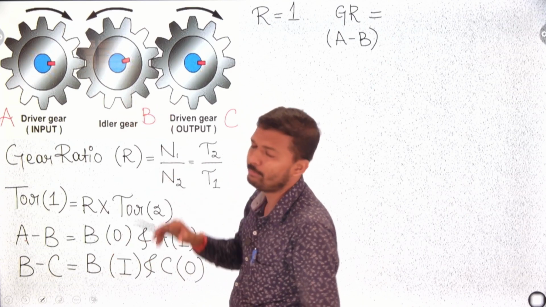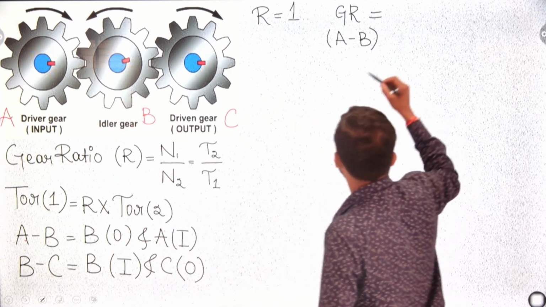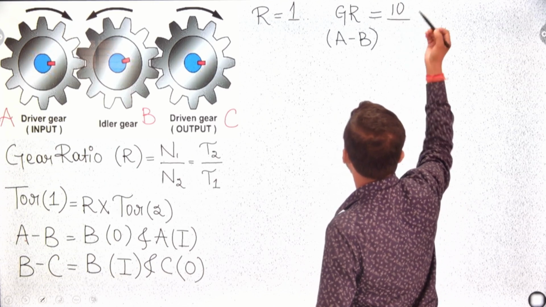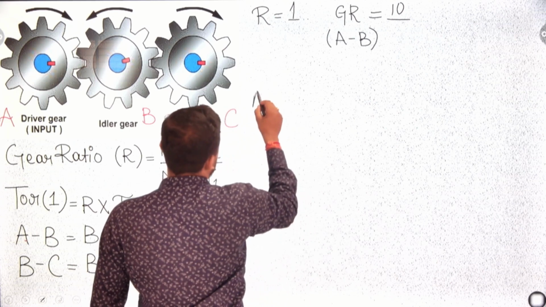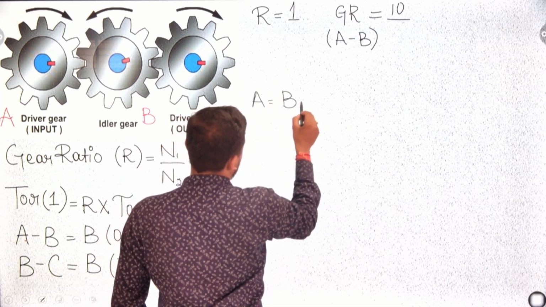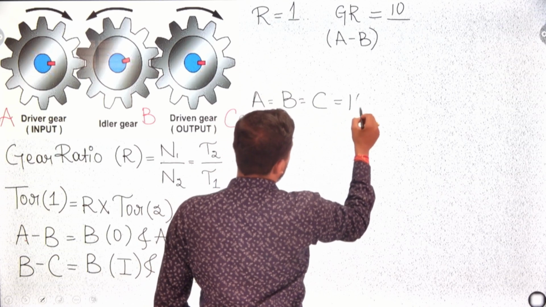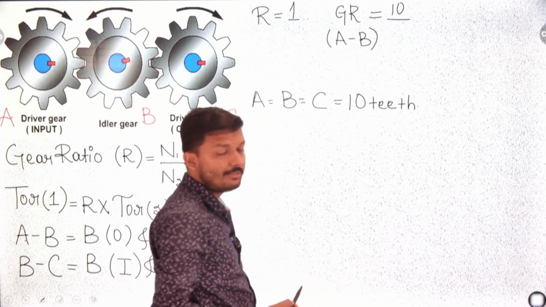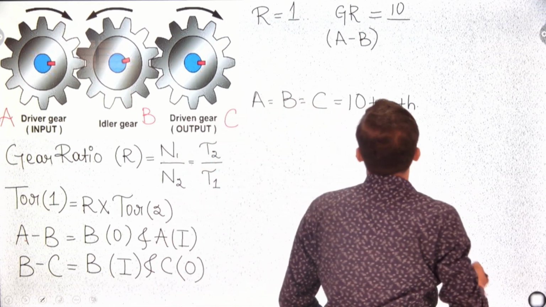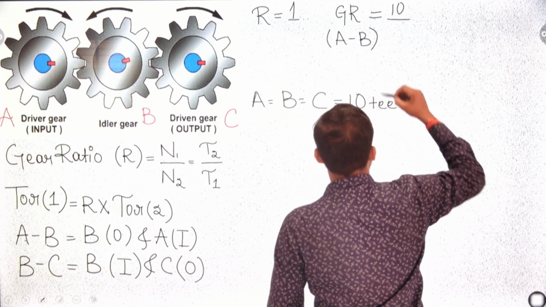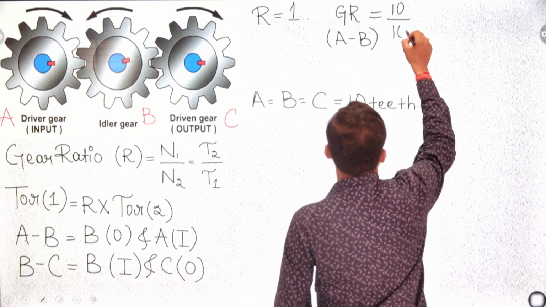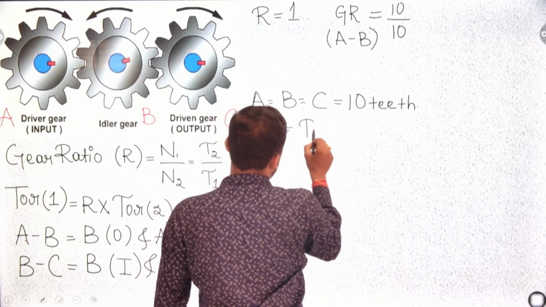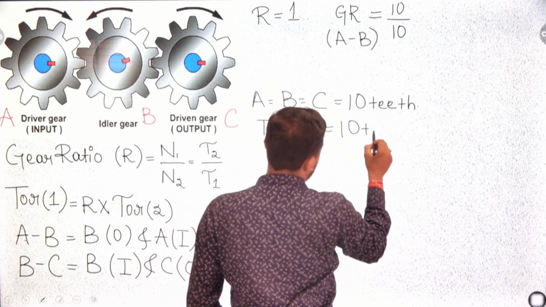Let T2 be 10 teeth. Then T1 is also 10 teeth, because the size is the same. So T2 by T1 gives T2 equal to T1, which is equal to 10 teeth.